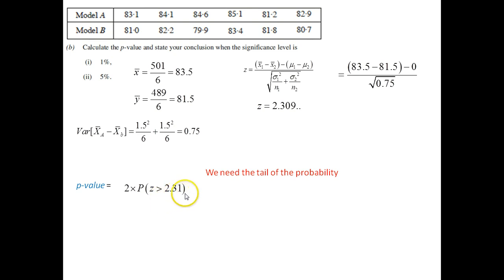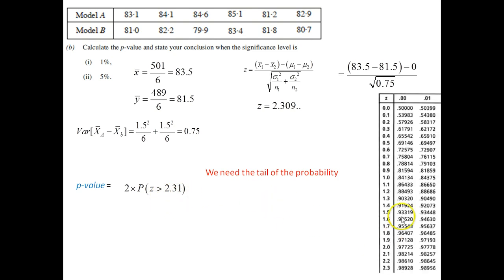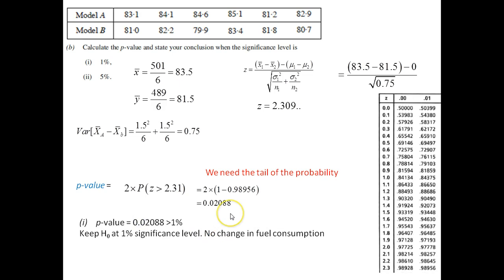So for 2.31, we need the tail of the probability, and we want more than that, so it's 1 minus that, and we double it, so we get 0.021, say. But at the 1% significance level, it's too big, so we would keep H0, so there would be no change in the fuel consumption.